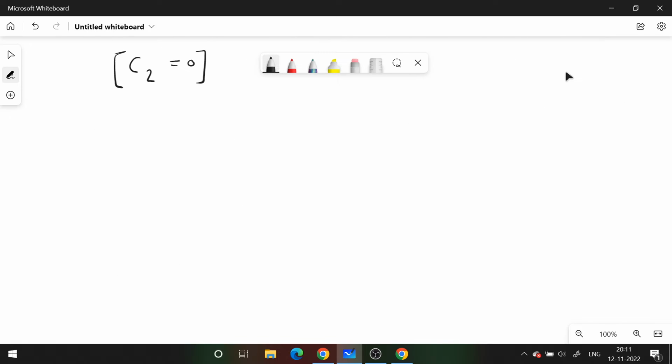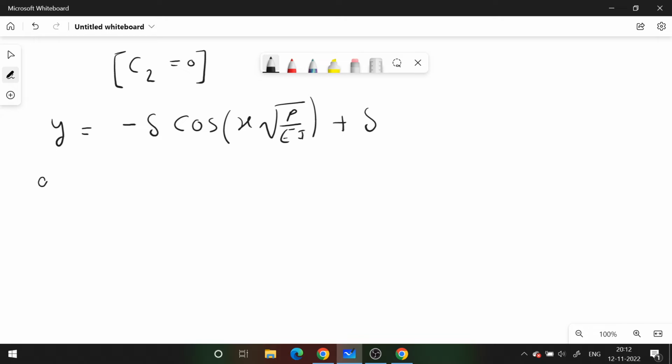Now putting the values of C1 and C2 in the equation, y is equal to minus delta cos x under root P upon EI plus delta. At A, x is equal to L, total deflection is delta.